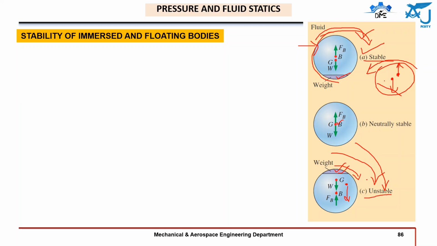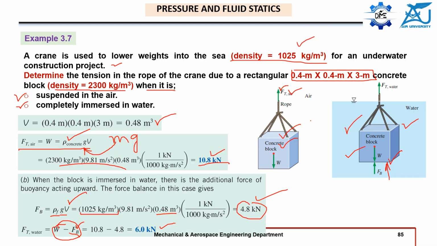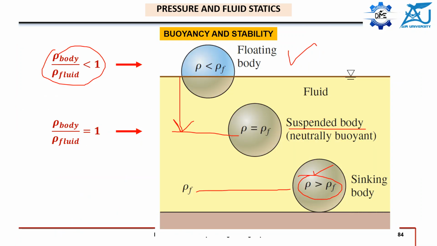This is a stable case. And we also have a neutrally stable case where the body's center of gravity and buoyant force both are at the same point. This is called neutrally stable.